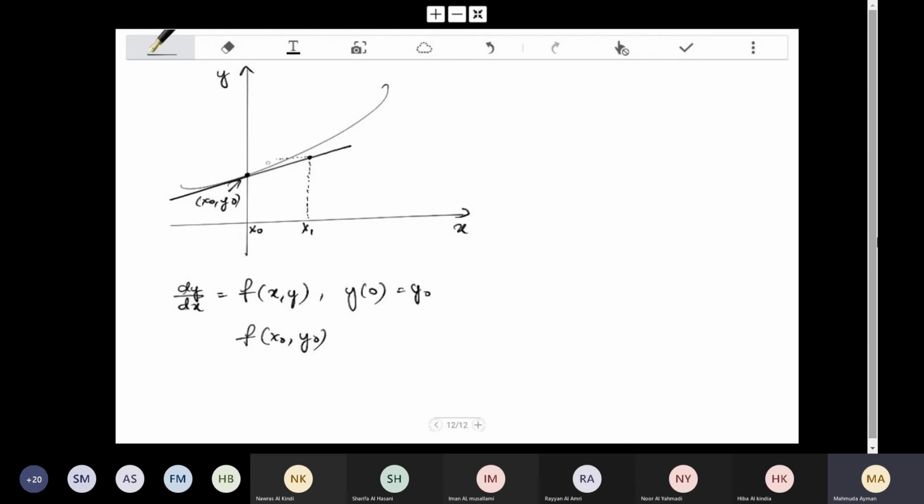So this is not the exact y value of the function, but y1 is approximated. This one here is x1, y1. And then from this point, we'll draw another tangent, which looks something like this. And let's take another value now, which is x2.